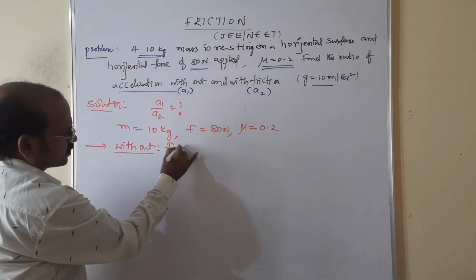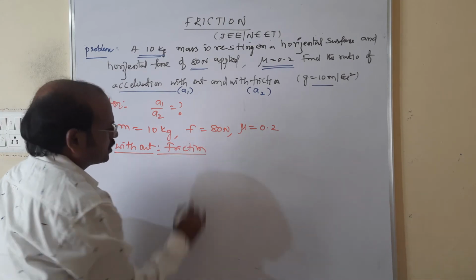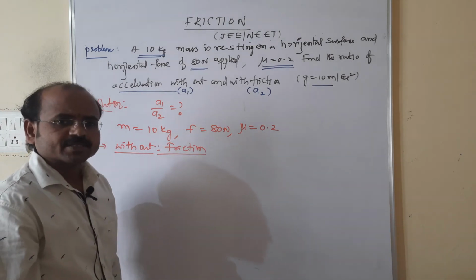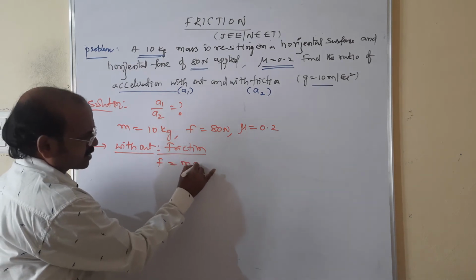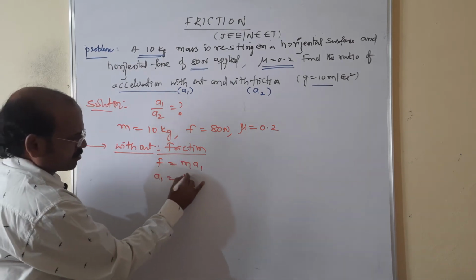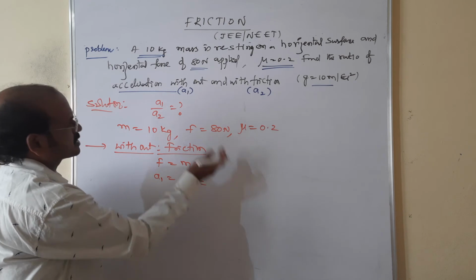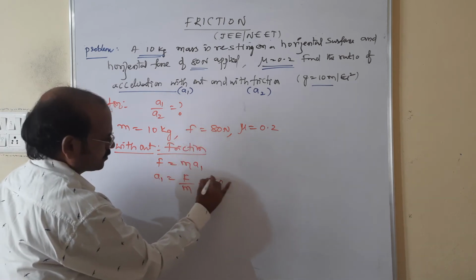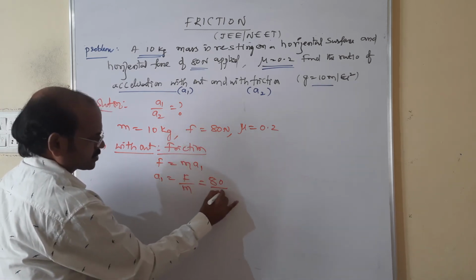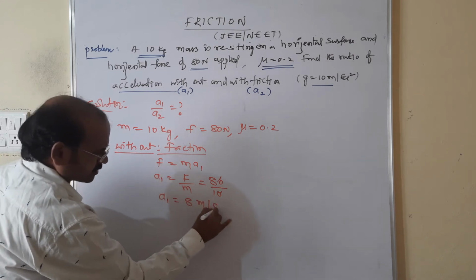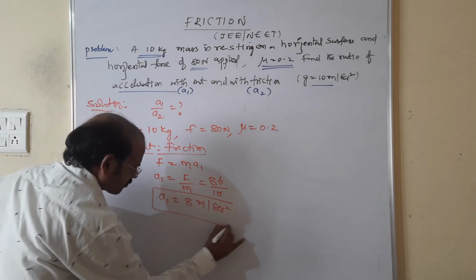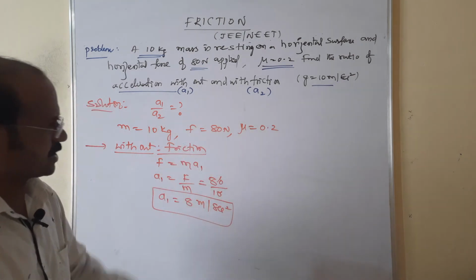Using Newton's second law, F is equal to m a1, so A1 is equal to F by m. F is 80 Newton and m is 10 kg, so A1 is equal to 8 meter per second square. This is A1 without friction.